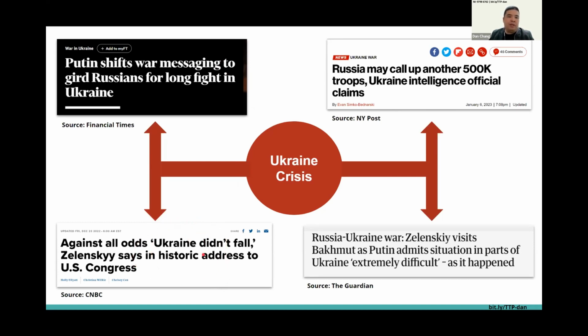Ukrainian President Zelensky has been very defiant and is determined to fight until the end. With these two unable to agree to a compromise or consensus, there is always a possibility that this Ukraine-Russia crisis could be a stumbling block to the global economy. So this is one thing that we need to look out for.